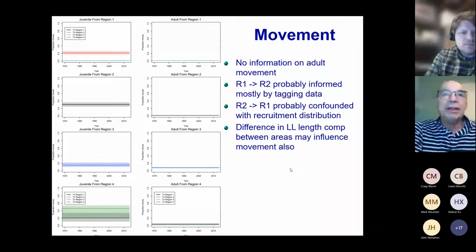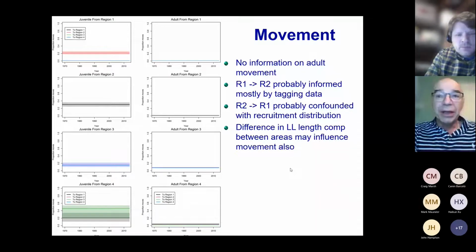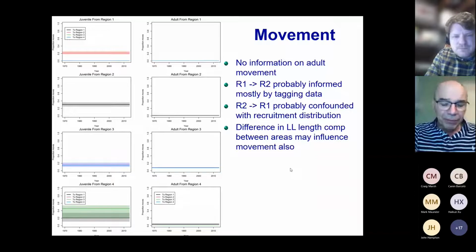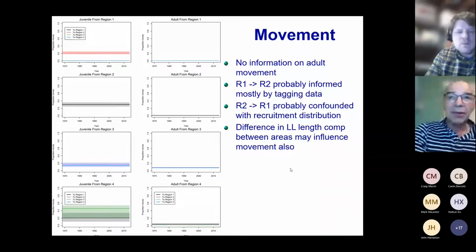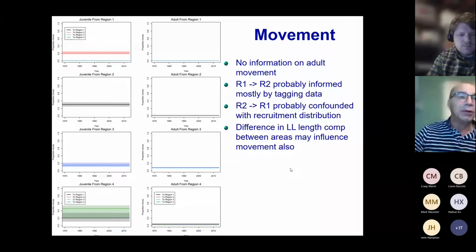We really don't get any information on movement of the adult fish. And so, our movements between areas 1 and 2 is from the tagging of those small fish. And what we see in the differences in longline length composition between areas, and there are some notable differences in the length composition between the areas, that then is going to influence the movement rates.